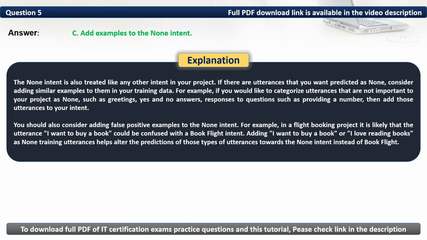You should also consider adding false positive examples to the none intent. For example, in a flight booking project, it is likely that the utterance "I want to buy a book" could be confused with a book flight intent. Adding "I want to buy a book" or "I love reading books" as none training utterances helps alter the predictions of those types of utterances towards the none intent instead of book flight.